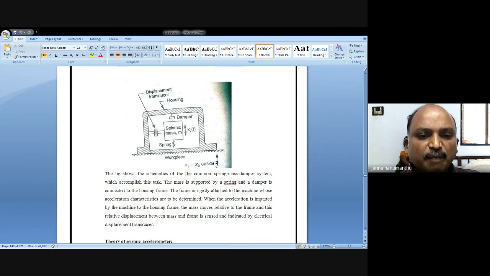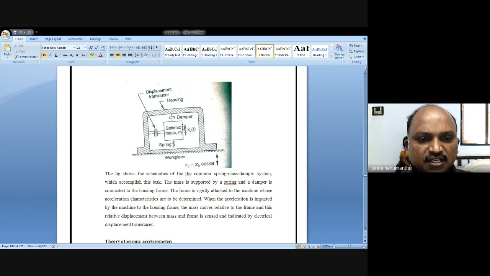So if any vibrations occur, vibrations meaning accelerations, sinusoidal displacement, it is completely inside the housing. So if you apply x1 as vibration or acceleration, it experiences x2.